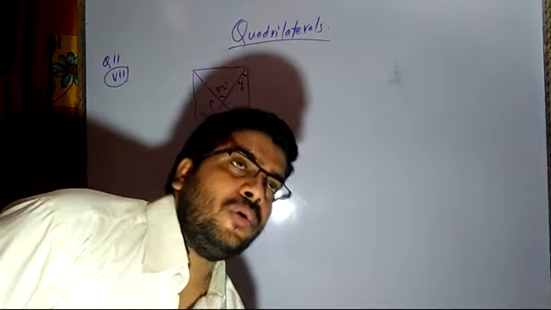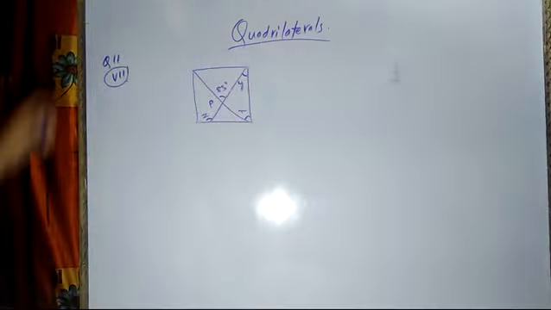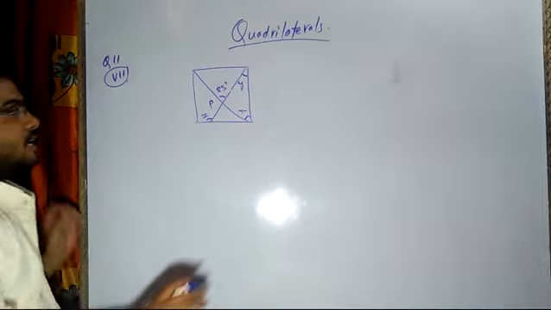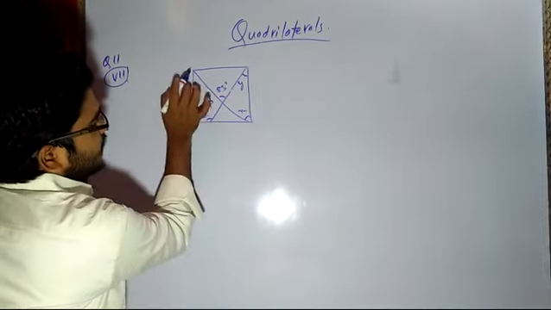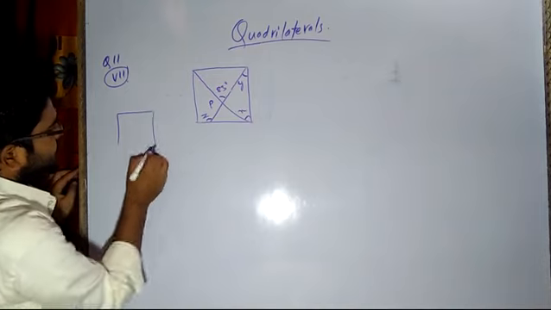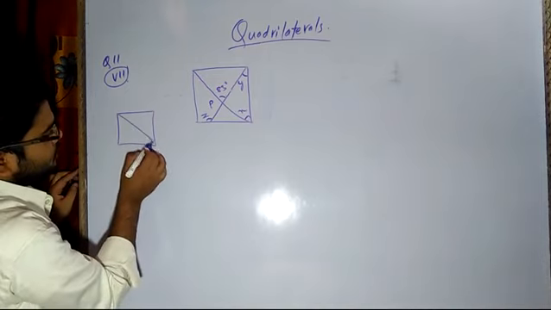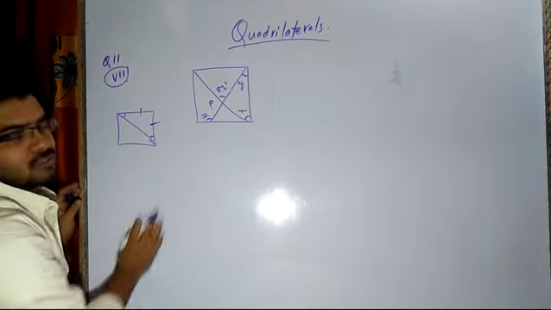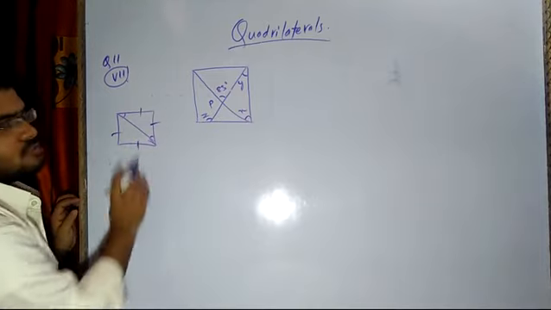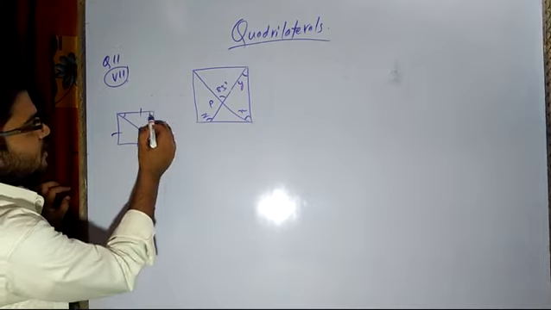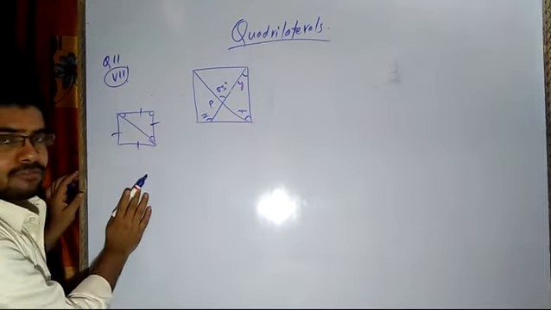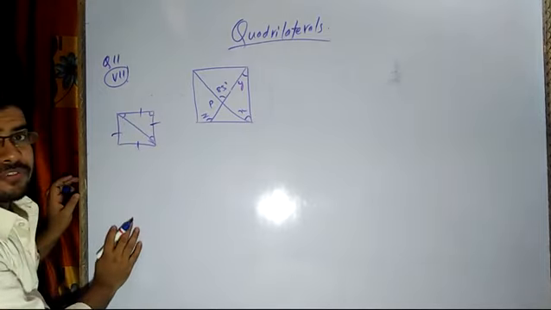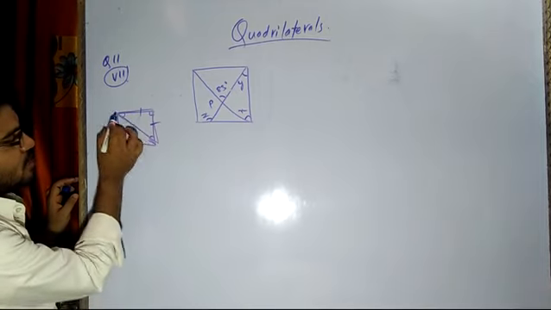As you all know, in a square all four angles are equal to 90 degree, and the angle at the corner, this angle and this angle, will be equal to 45. All four sides are equal, so if the corner is 90 degrees, the remaining two angles have to be 45 each because it forms an isosceles triangle.